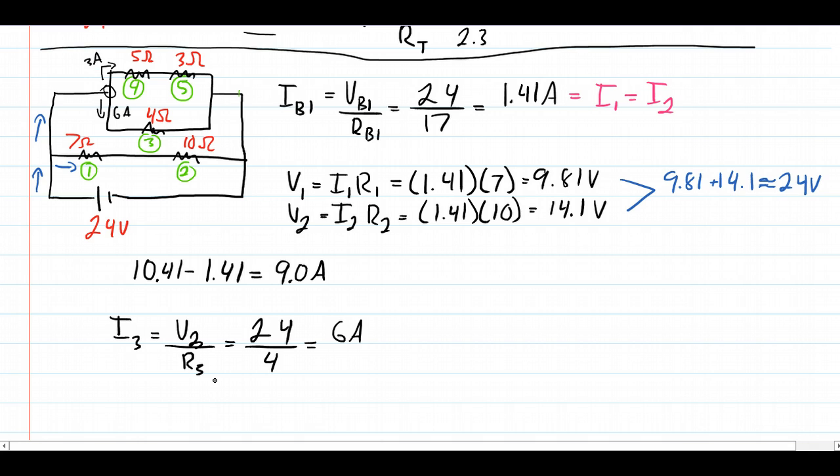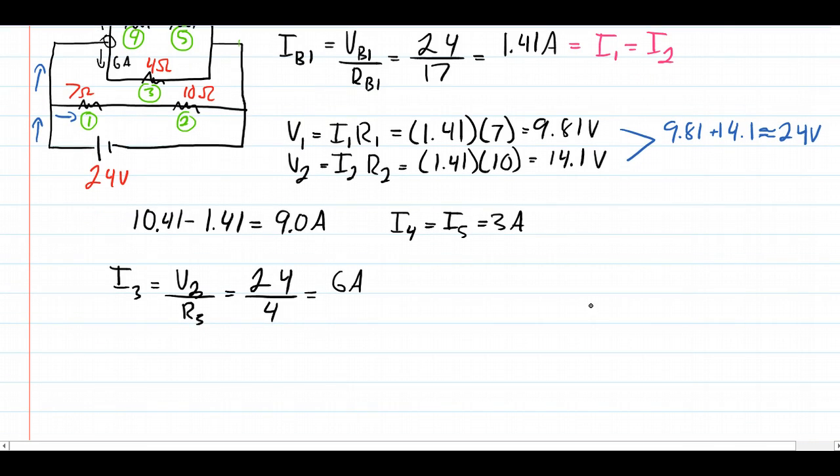So 3 amps have to go through the top. And again, since these two resistors are in series with each other, the currents are equal through them. So in other words, my current through resistor 4 will equal my current through resistor 5, which is going to equal 3 amps, because 6 goes down and 3 goes up.